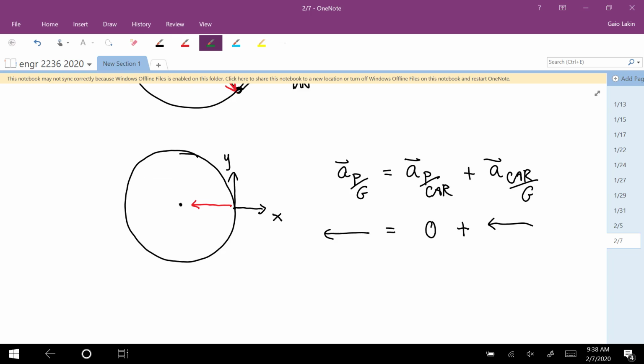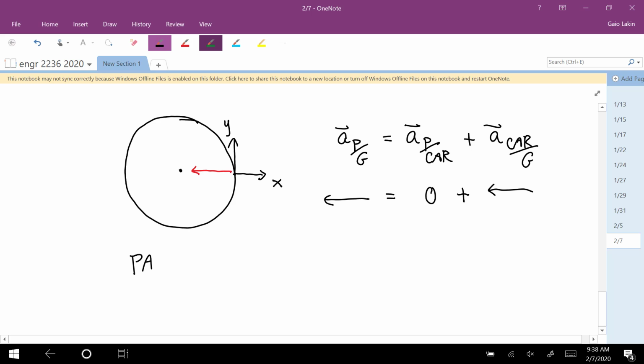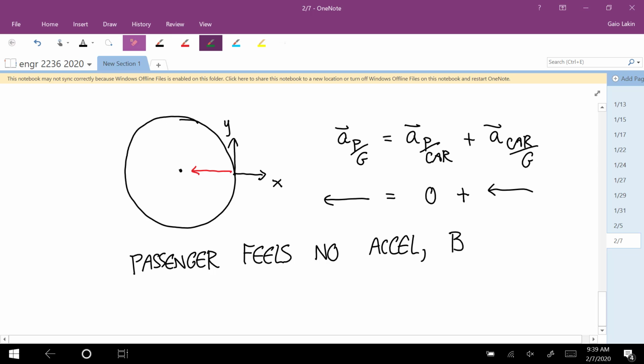And so the passenger feels no acceleration, or feels is the wrong word, observes no acceleration.